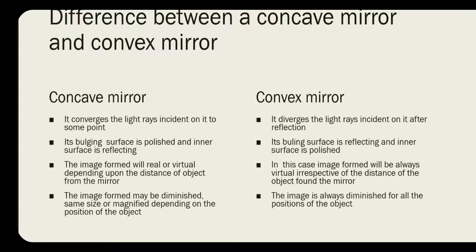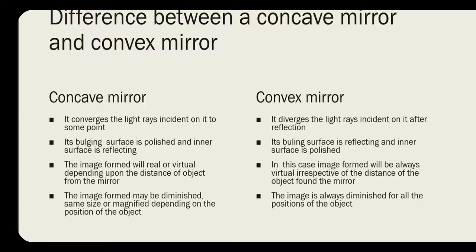mirror. What happens? We can get not only a real image, here in this one a virtual image also, depending upon the distance of the object. Here in this case it will always form a virtual image, irrespective of the distance of the object from the mirror.